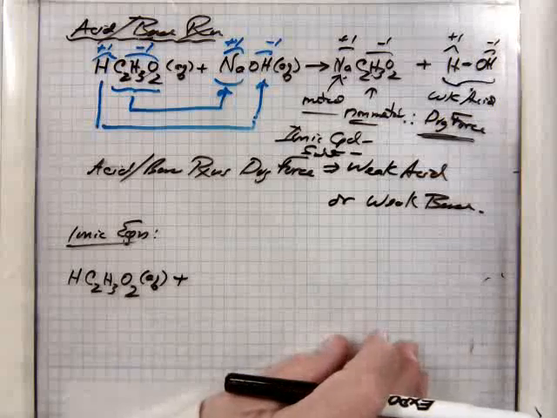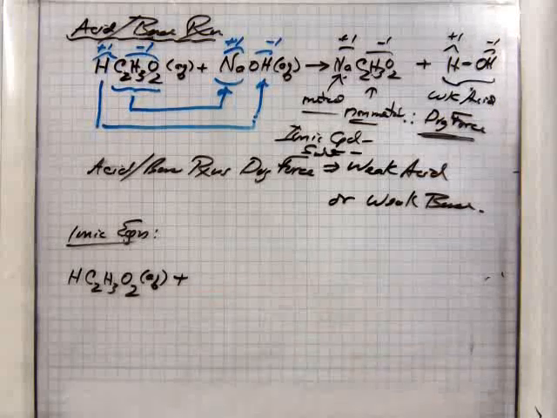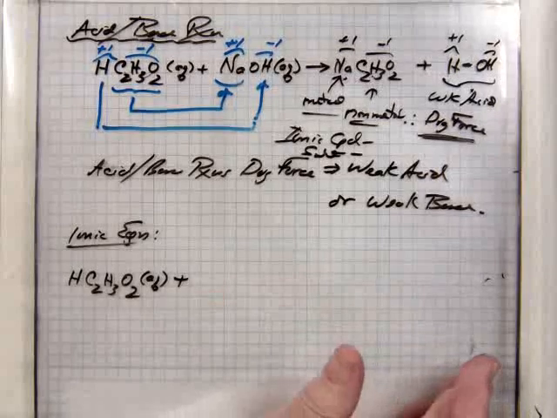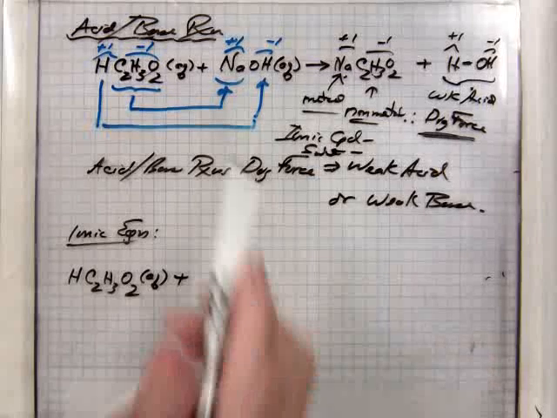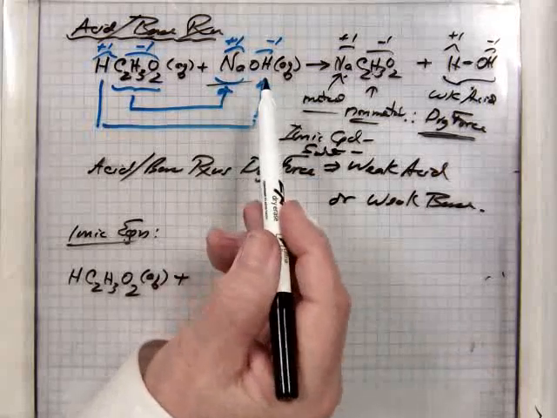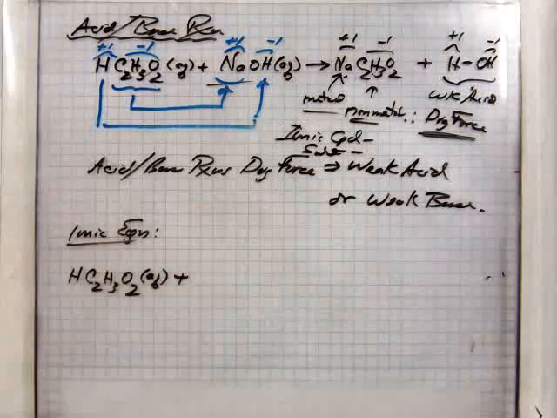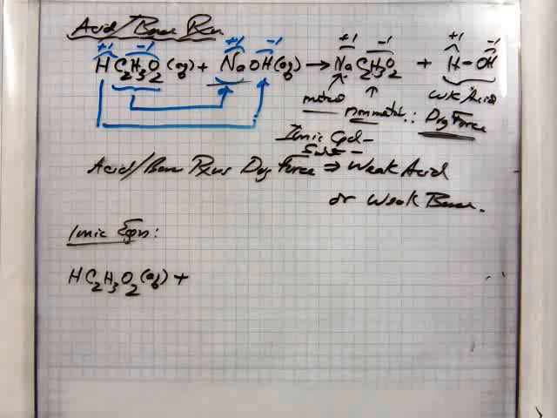Now, I've told you what the strong acids are. Strong acids are the strong six. But I haven't told you what the strong bases are. The strong bases are group 1A bases. That is your lithium, sodium, potassium, rubidium, cesium, francium, with an OH hanging on it.